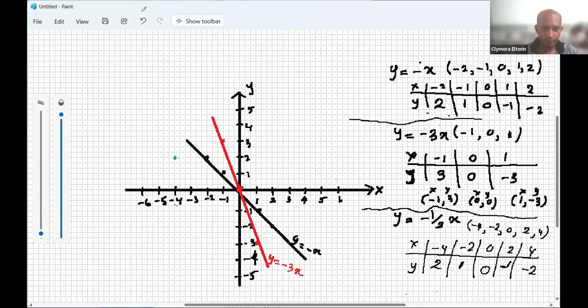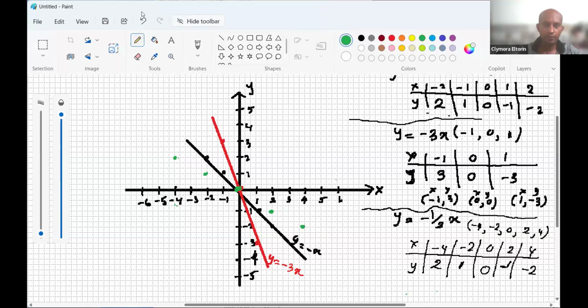Next one, minus 2 and 1. It's in here. Next one, 0 and 0. It's already in here. What's the other one? 2 and minus 1. It's in here. 4 and minus 2. It's in here.